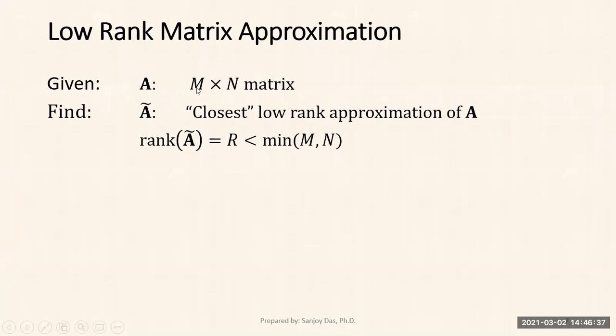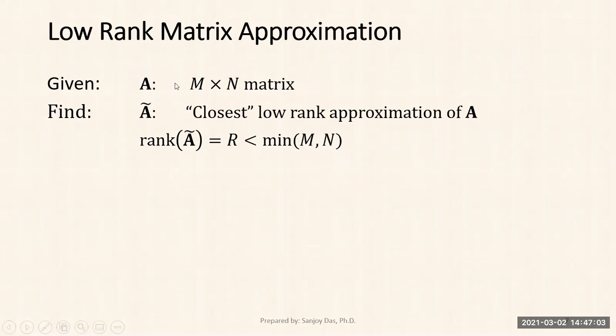Let's say m is more than n. Then the rank would be n, right? In general, the rank of A would be at most the minimum of m and n. And so we have an R which is less than m and n.